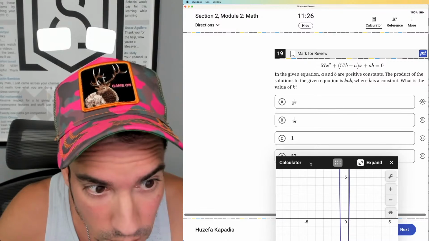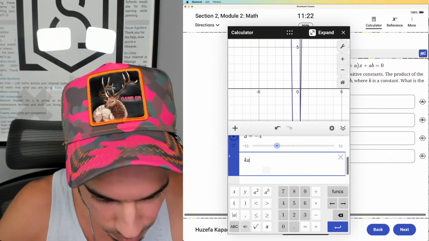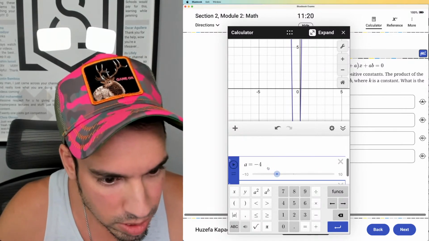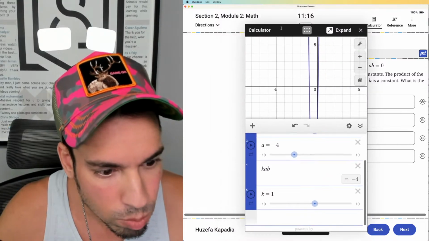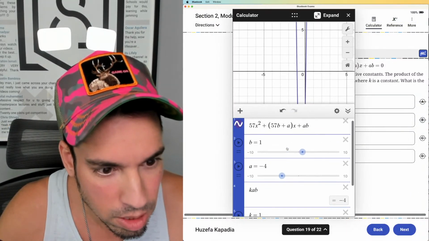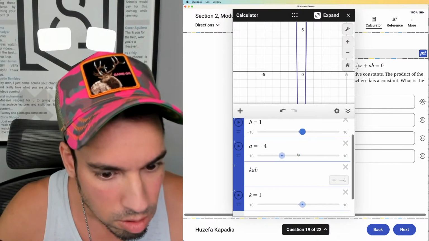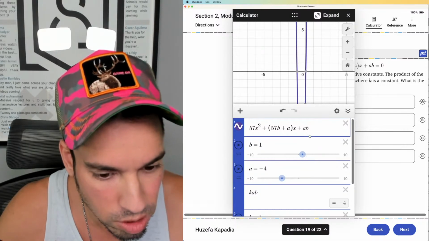And then we need kab to be equal to -1 times 0.07, which is -0.07.